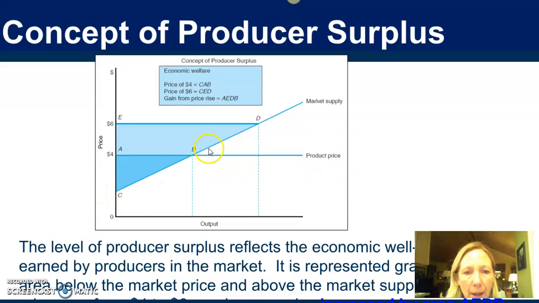The supply curve here is upward sloping, and then you have the price of the product, and producer surplus is this area above the product price up to the market supply curve. Any place in that area is considered a profitable point for the producer, and that is considered to be producer surplus.